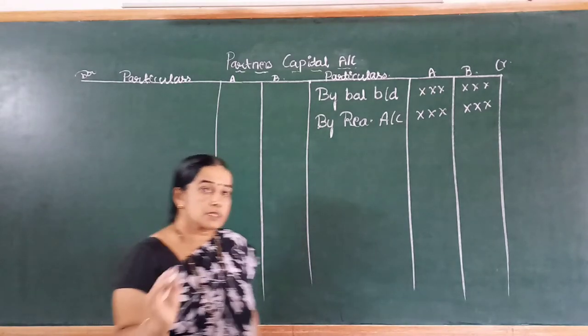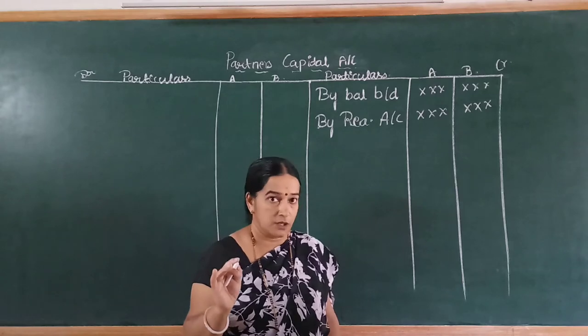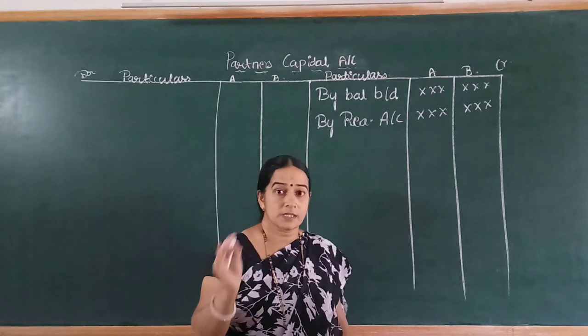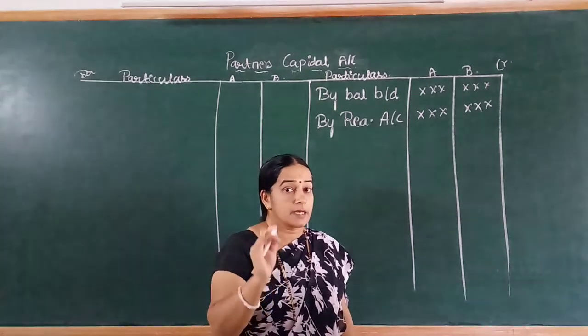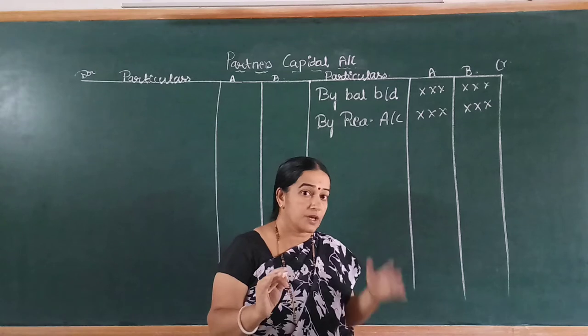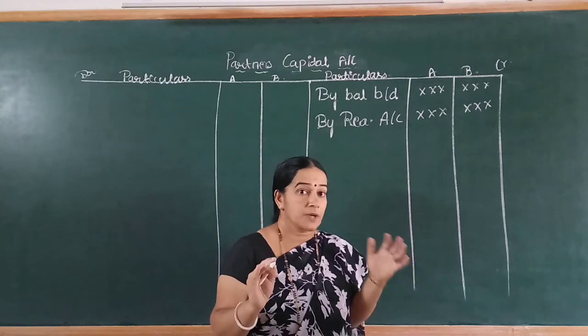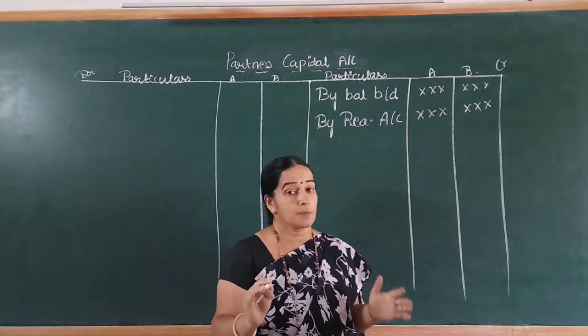Now the third step: if there is a general reserve or reserve fund in the balance sheet, it belongs to the partners and it is kept out of profit. The previous year's profit, who has to share it? The partners.